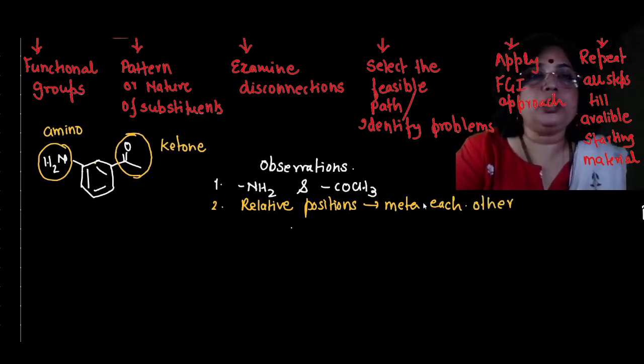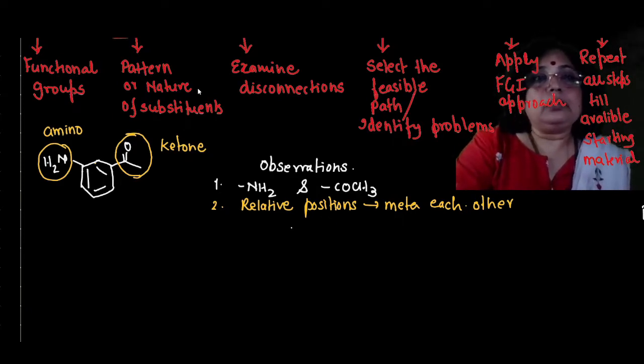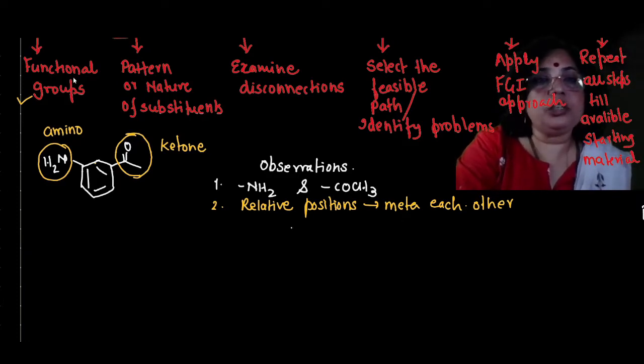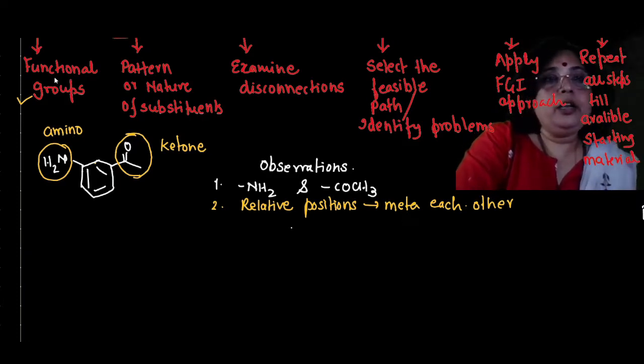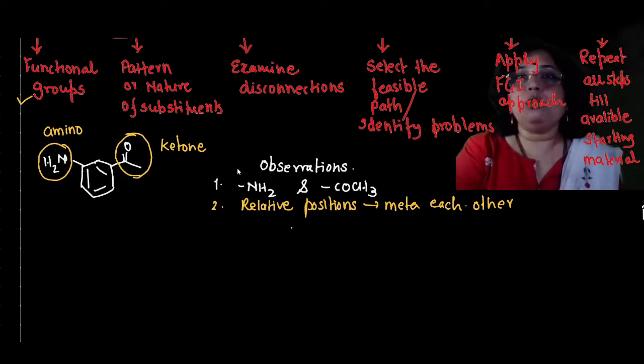Then, moving to the next guideline, the first guideline we have finished, that is, identify the functional groups. Two functional groups I can see over here: one is the amino group and the other is the ketone group.